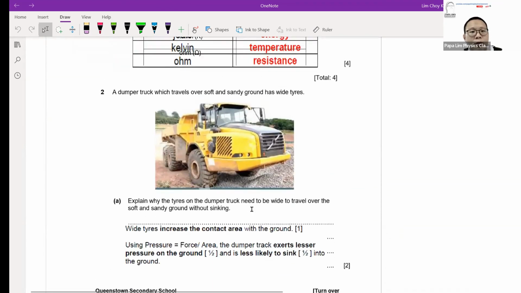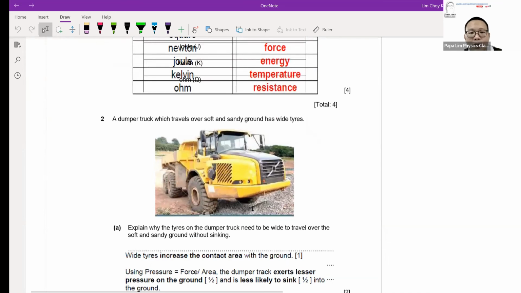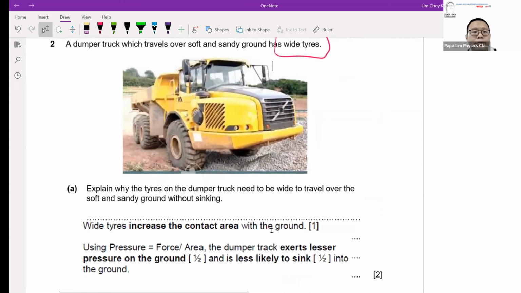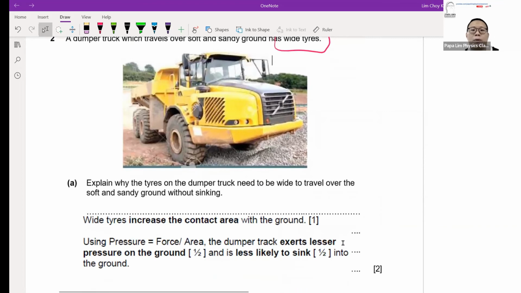Now the second question will be on the dumper truck. The dumper truck is traveling over soft and sandy ground. It has wide tyres. Now explain why the wide tyres allow the truck to travel across the ground without sinking. What does wide mean?